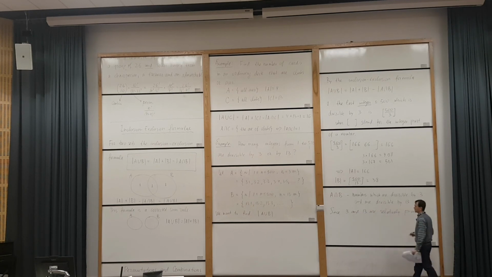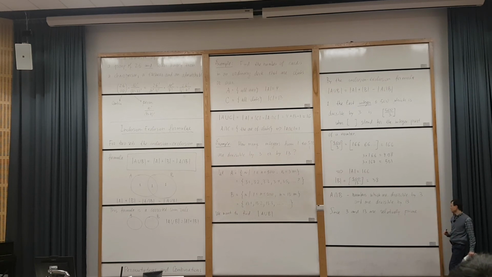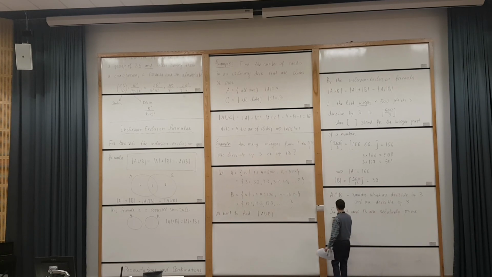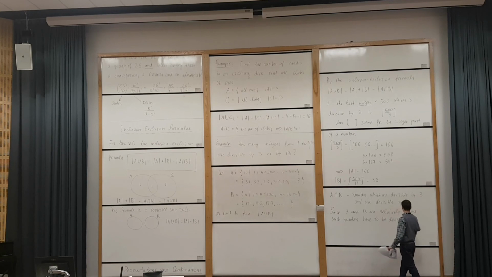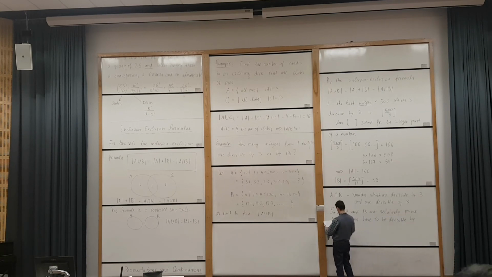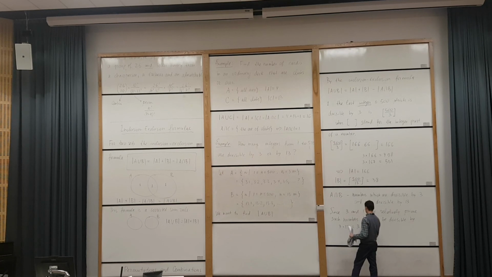They also happen to be each of them prime, but what's important is that they're relatively prime. Such numbers have to be divisible by 3 times 13, which is 39.